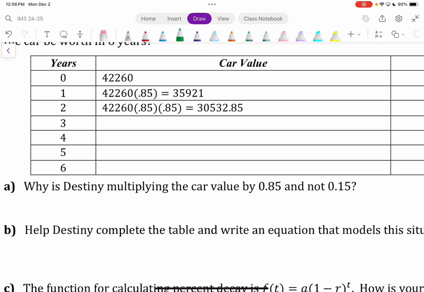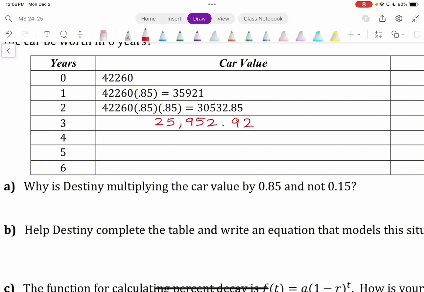The 0th year, it's worth $42,260. After 1 year, it went down to 35,921. Then it went down again the second year to 30,532 with 85 cents. The third year, if you follow the pattern, it would be 42,260 times 0.85 times 0.85 times 0.85, giving you the following: 25,952 with 92 cents.